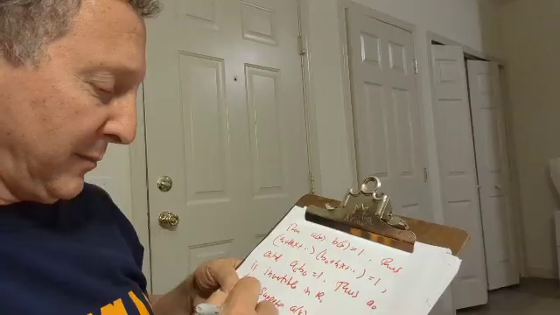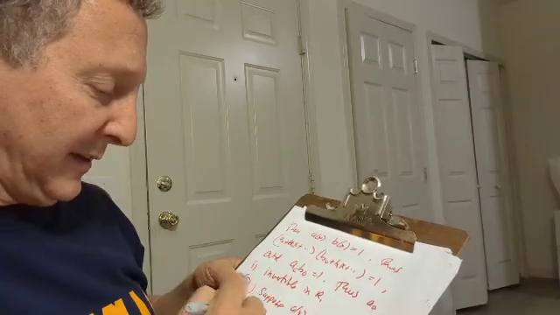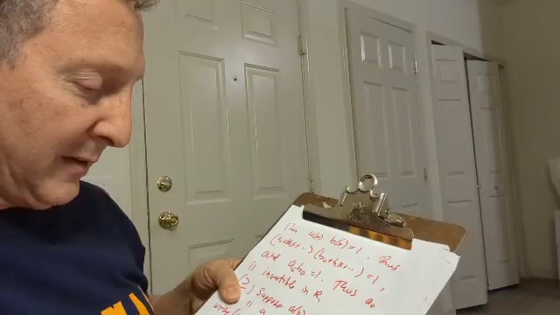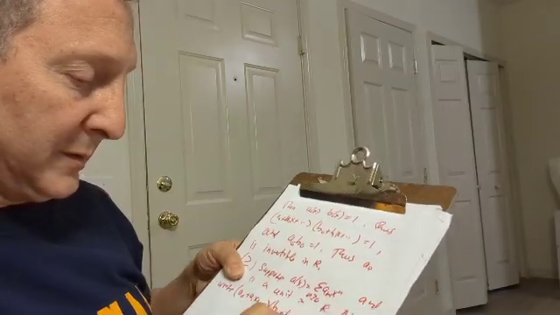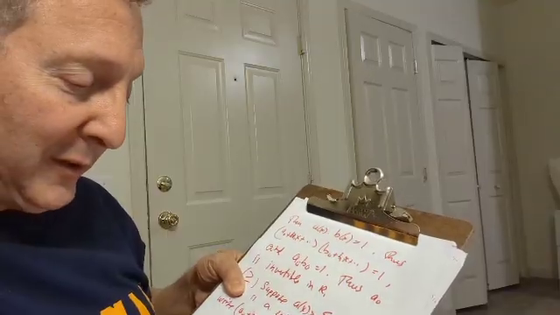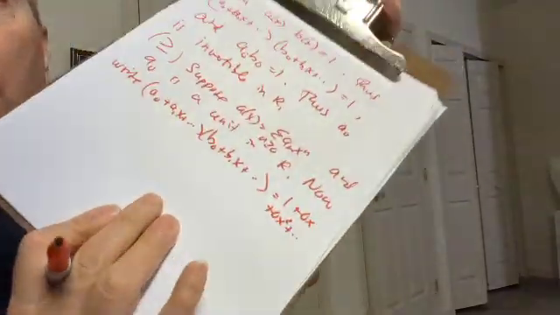So we'll write a0 plus a1x, etc., times b0 plus b1x, etc., equals 1. And 1 is 1 plus 0x plus 0x squared, etc.